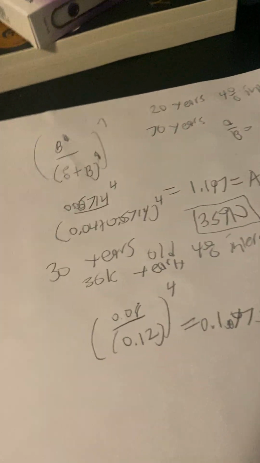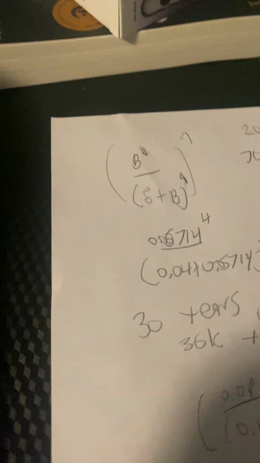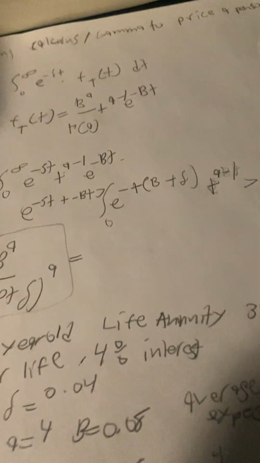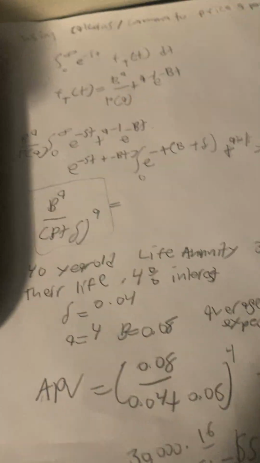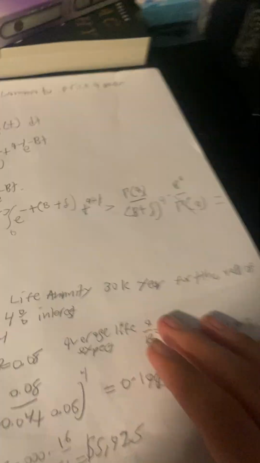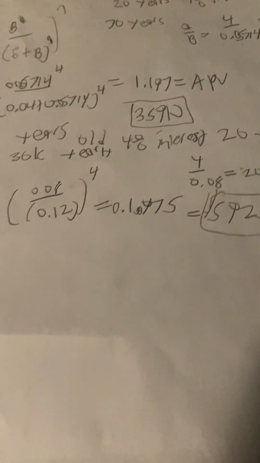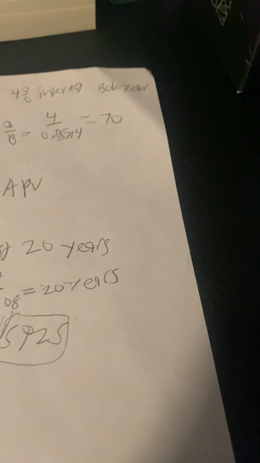But this also considered interest, so that's why they're the same. Basically, in this case, you can charge less, even though you're living for a longer amount of time. You're still getting interest. In this case, you're getting less interest because they're gonna live for a shorter amount of time.